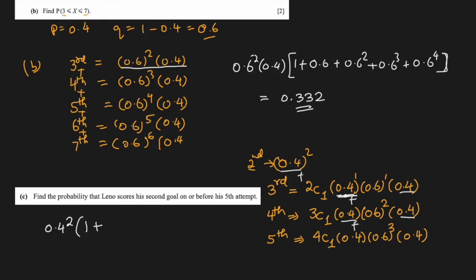Here this and this are common, so 0.6 and 2C1 is 2, so 2 times 0.6. Then 3C1 is 3 times 0.6 square, and then 4C1 is 4 multiplied by 0.6 cube, and this should give you your answer. And I will also try it.